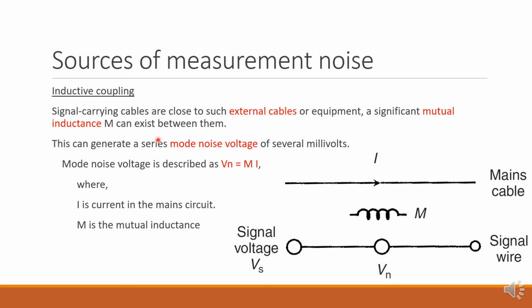So, inductive coupling. The primary mechanism by which external devices such as main cables and equipment, for example, your fluorescent lamp and circuits operating at audio or radio frequency, can generate noise is through inductive coupling.